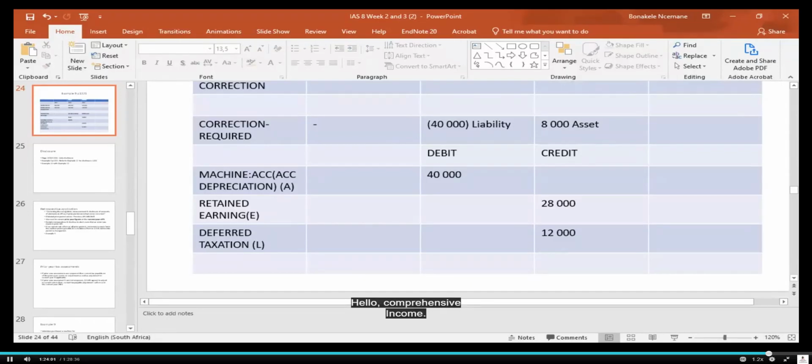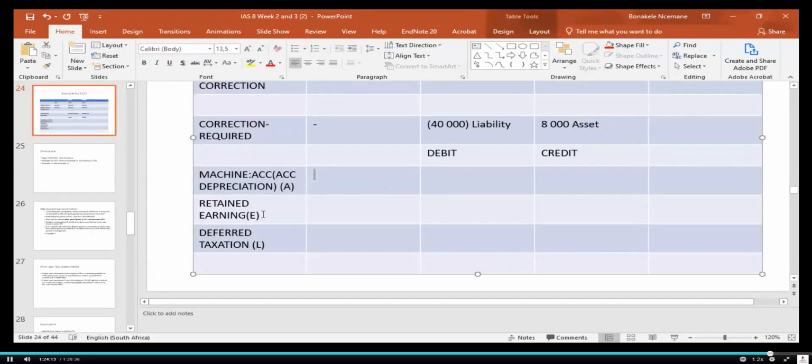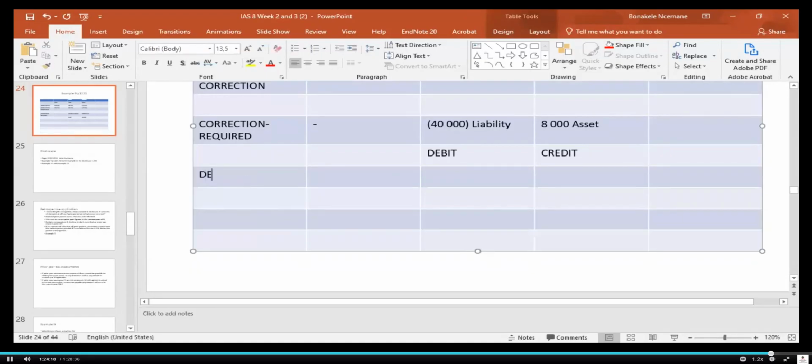Our statement of comprehensive income. So what will be our journals? Let me remove these ones now. It will be debit depreciation, right? Of 8,000. And what do we credit?